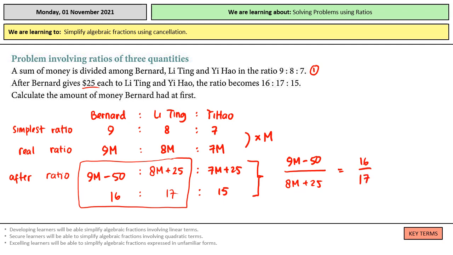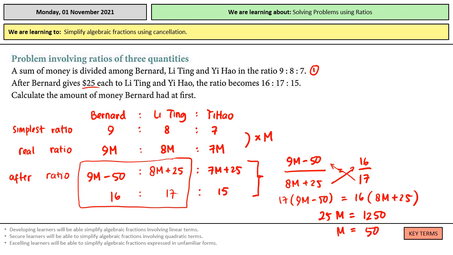We can use cross multiplication, so you get 17 times 9m minus 50 equals 16 times 8m plus 25. If you do the algebra correctly, you should get 25m equals 1250. So then m equals 50.